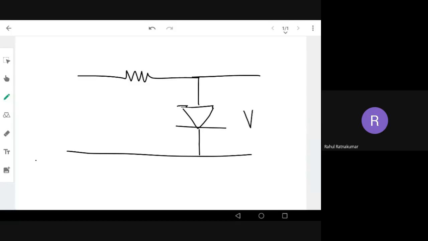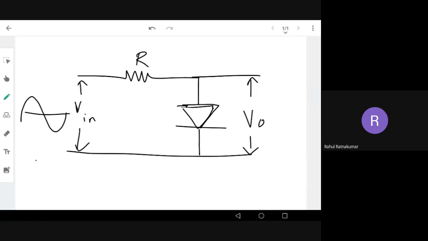I'm taking the output across the diode. And the input is a sine wave, with Vmax and all those things. This is the V input. Now you should be able to plot the V output versus V in.